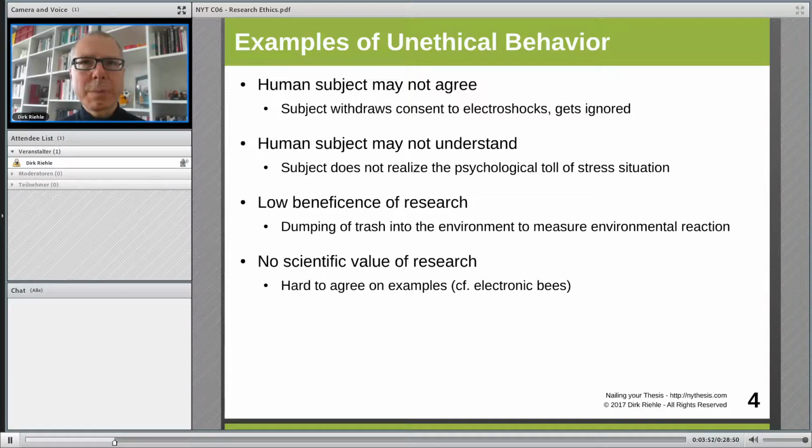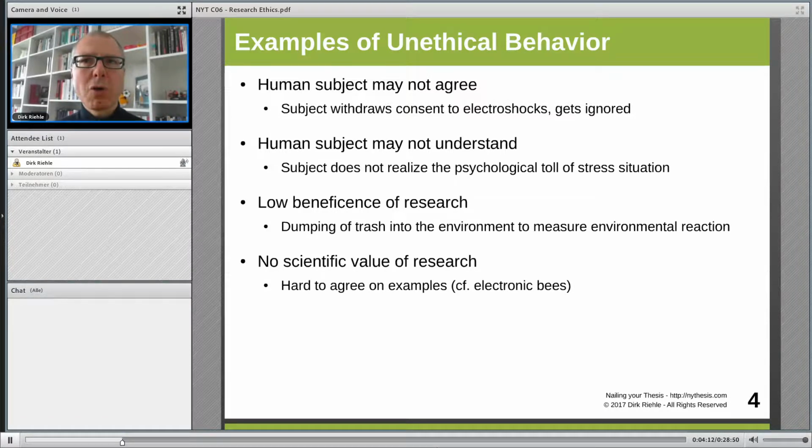For example, accepting as part of the research to be put into a psychologically highly stressful situation and not really understanding the toll it could take on them, like not being able to sleep for days, for example, being exposed to watching horror movies as part of the research.